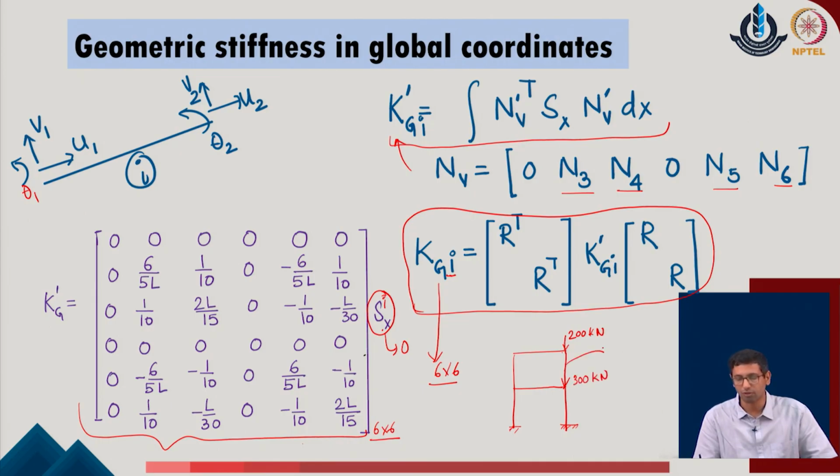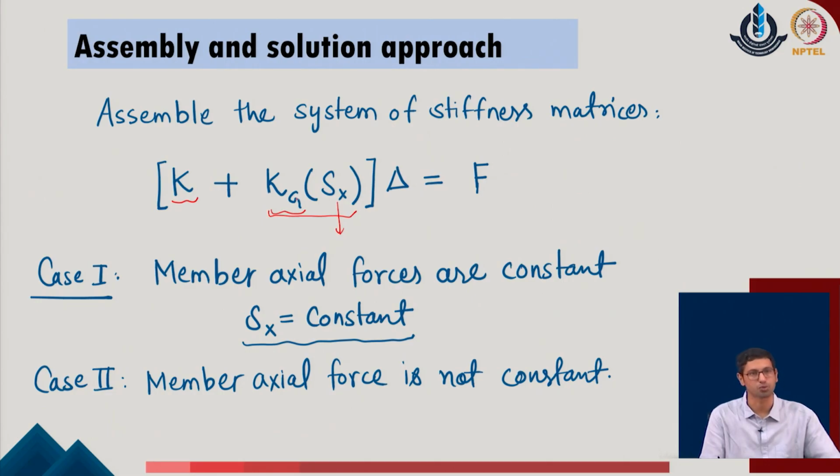When I do the calculation for the story 2 column, I will have a compressive load of 200 kilonewton, whereas for the bottom story I have to define the compressive load of 300 kilonewton. Accordingly, the value of S of x will be different for the bottom column and the first story column of the given system, and that needs to be included in the general framework as well, right.